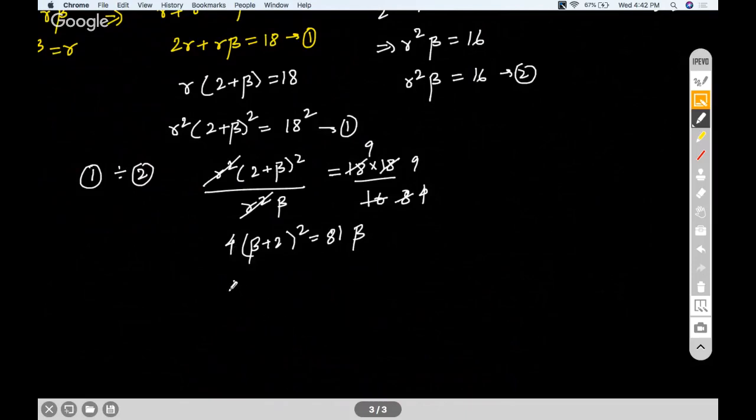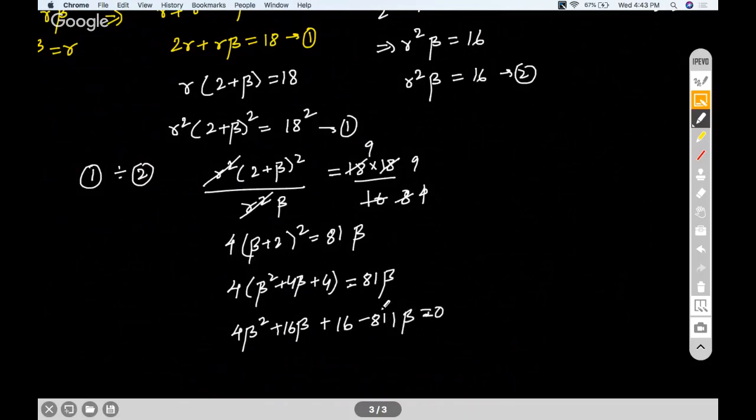So this will become 4 times beta square plus 4 beta plus 4 is equal to 81 beta. So 4 beta square plus 16 beta plus 16 minus 81 beta is equal to 0. So if you bring it on the other side, it will become minus 64 beta plus 16 equal to 0. Drop a factor of 4 from everywhere.